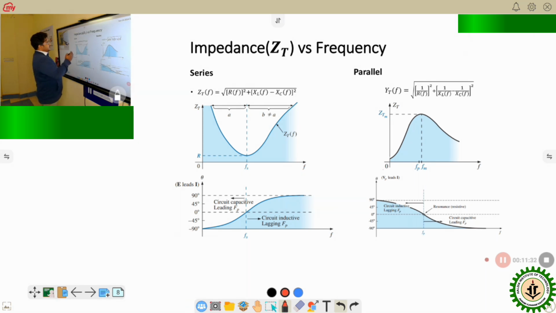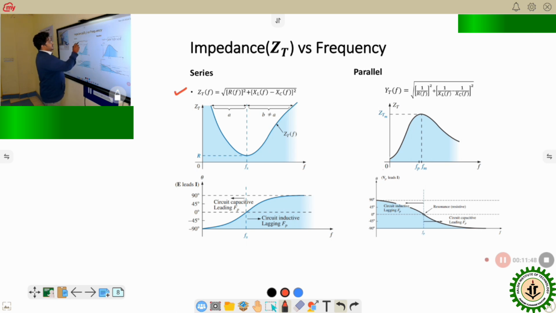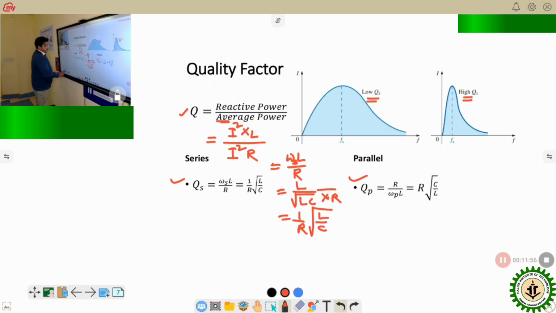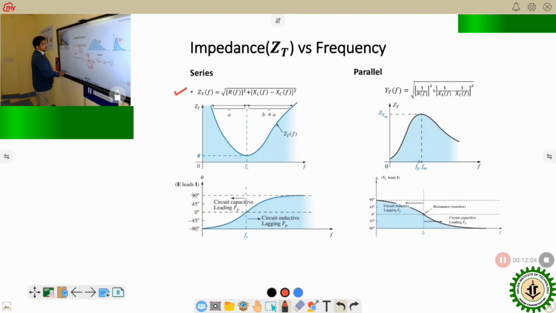Now here we will see how the total impedance is changing with the frequency. To understand that, we write down the total impedance, that is equal to root over of R square plus XL minus XC whole square. From this we have written Z, that is the mod value.